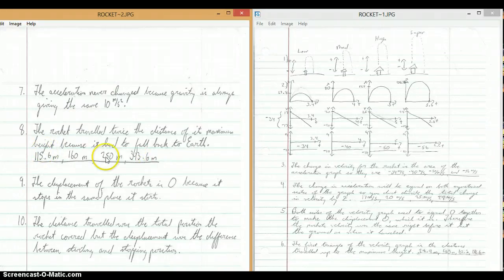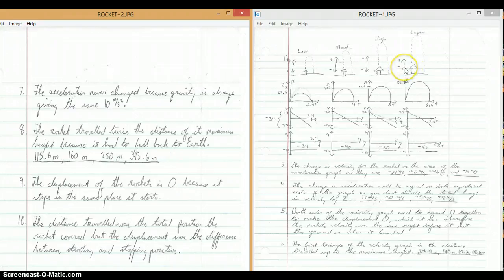I did some incorrect calculations before I scanned my work. The actual total distance traveled will be twice the maximum height. So your low total distance traveled is 57.8 meters. Your medium is 80. Your high is 125 meters. And your super is 156.8.